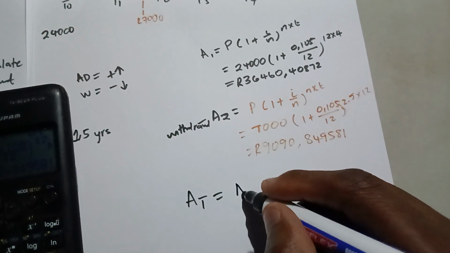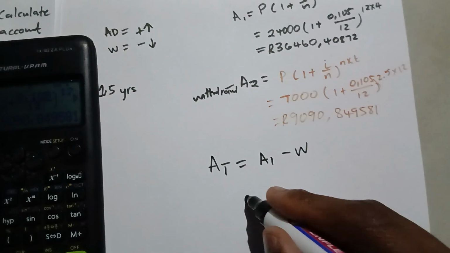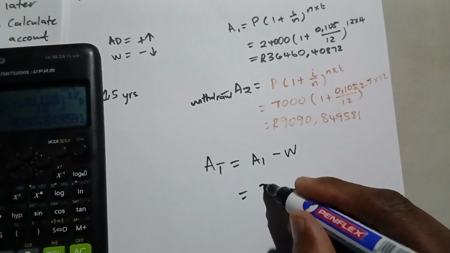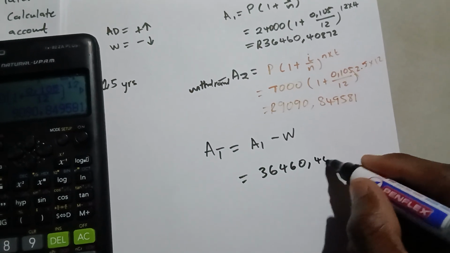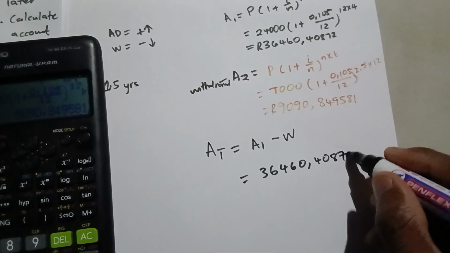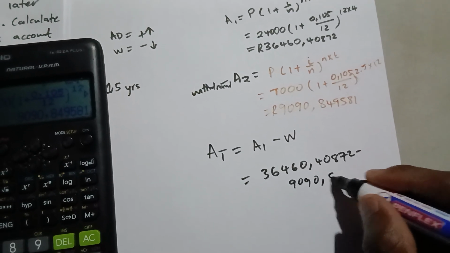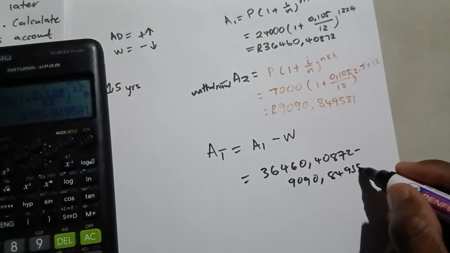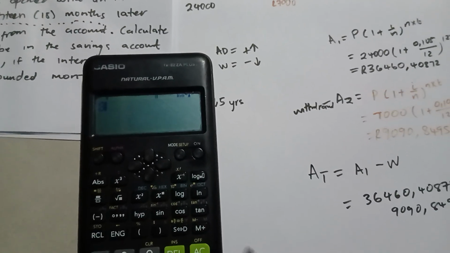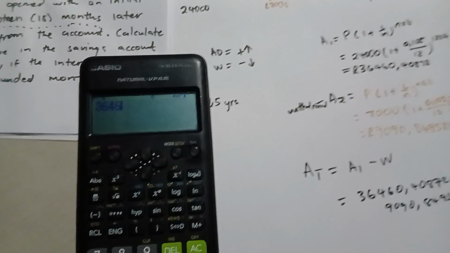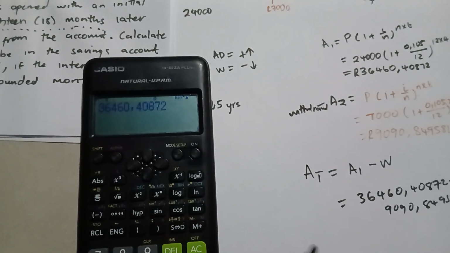So it's going to be A1 minus W. So it's going to be 36,000 subtracted by 9,098.45781. So now I'm just going to do minus answer.